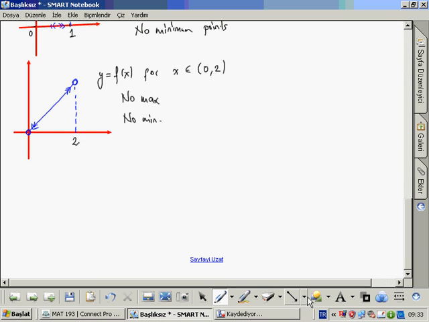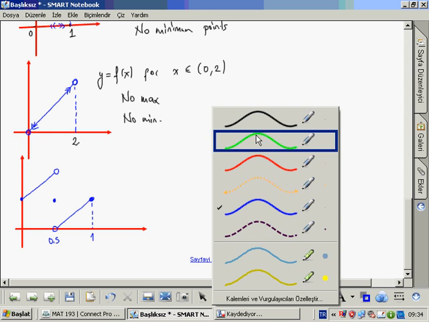And if our graph looks like that, and this point is +1, this point is 0.5, what can we say about that?